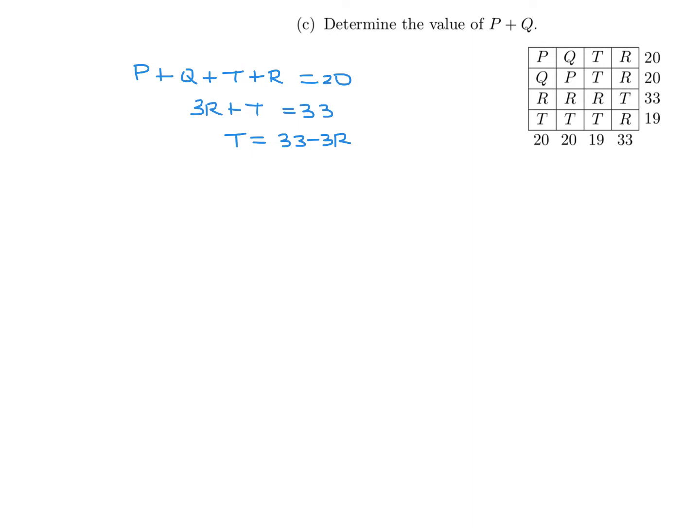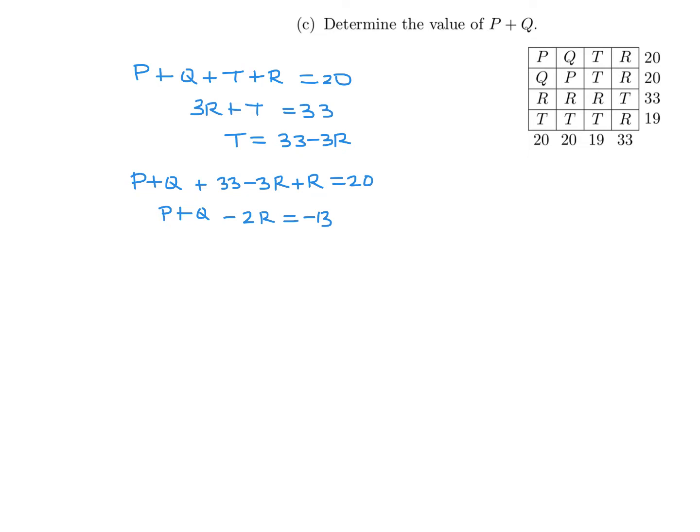Let's sub that back into here. So p plus q plus 33 minus 3r plus r is equal to 20. That means p plus q minus 2r is minus 13.